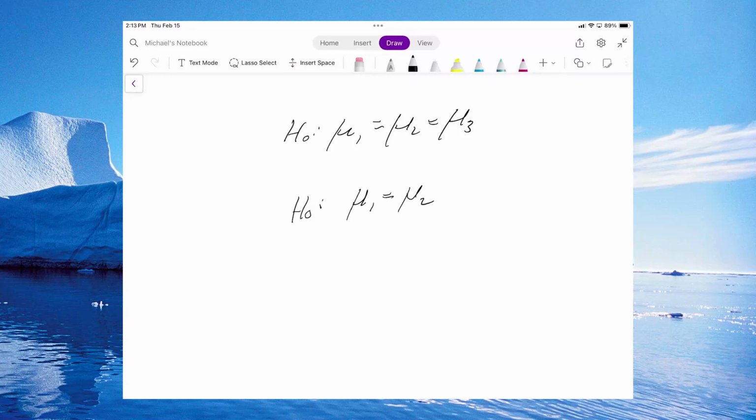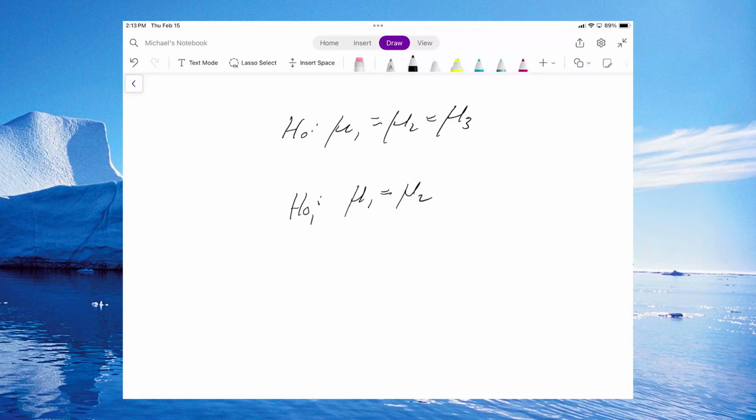That would be the null. Well, that would be our first null, because we could also have a null hypothesis in which we look to see if μ1 is the same as μ3, and another one in which we look to see if μ2 is the same as μ3.